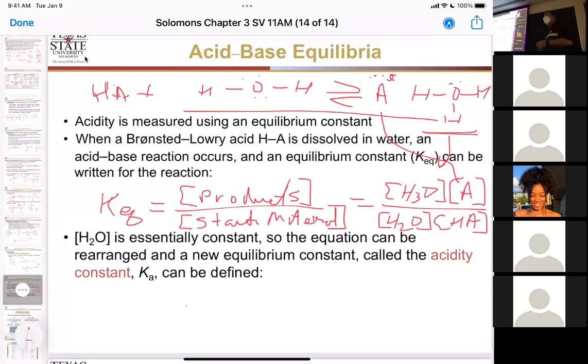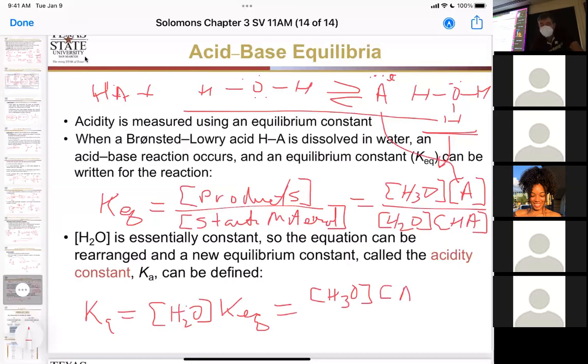So when we do this with things that transfer with the hydronium ion, when we do things with water, we can actually cancel out the concentration of water because there's so much of it. And we end up with what we call an acidity constant. The acidity constant is equal to the concentration of water times the equilibrium constant, which is equal to the concentration of hydronium ion times the concentration of the conjugate base over the concentration of the initial acid.